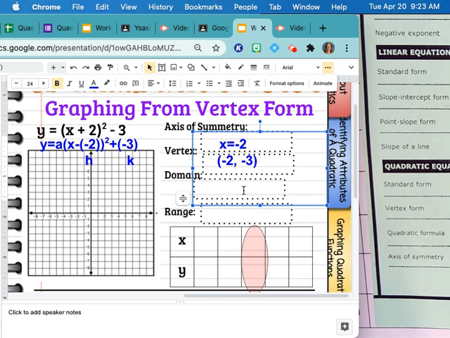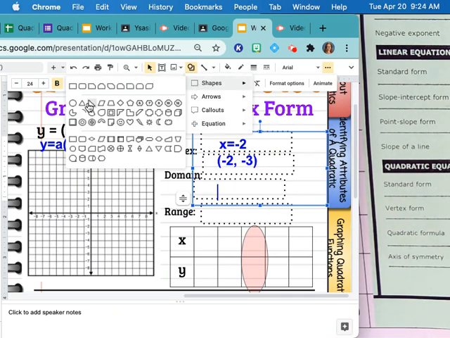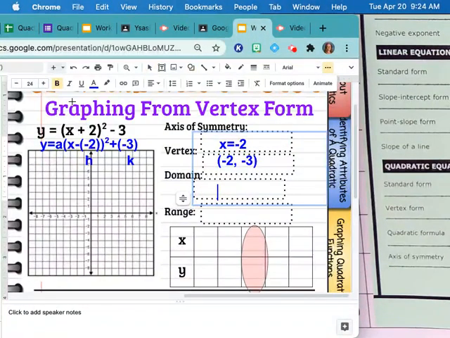We need domain and range. I want to go ahead and graph it. So we need to plot this vertex. So grab a shape. So negative 2, negative 3.